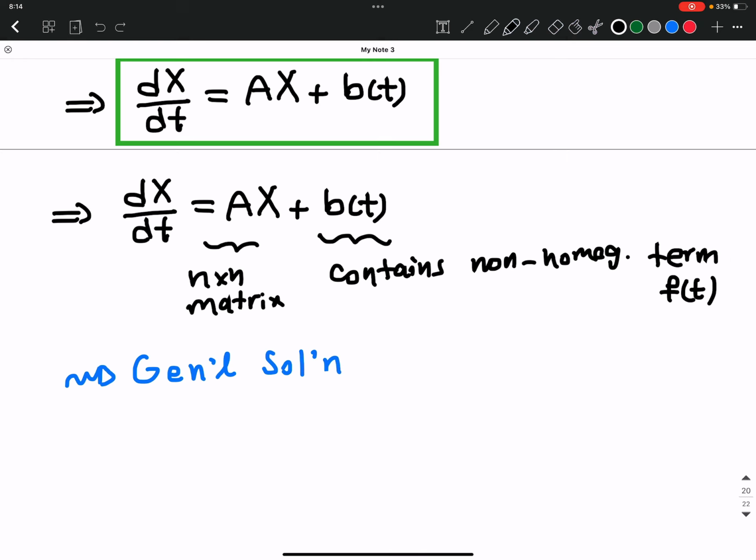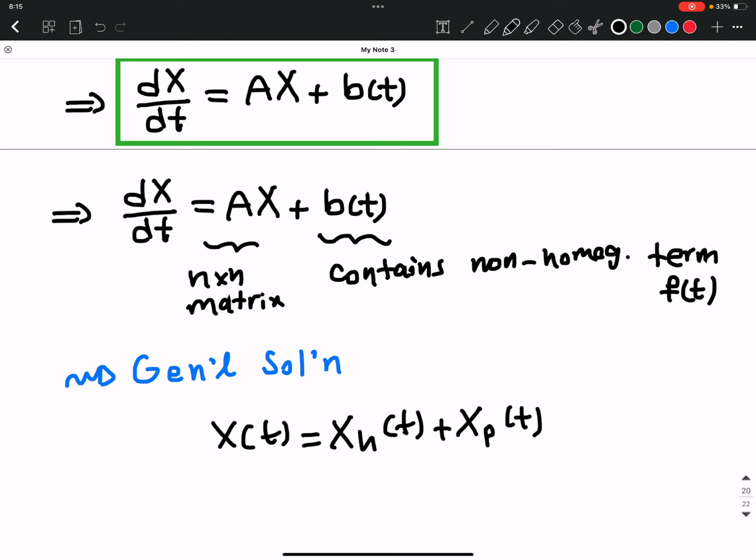The general solution is basically similar to first order ODEs that we solved before, and that is x(t), which is now in a matrix form, equals the homogeneous solution of this plus a particular solution.